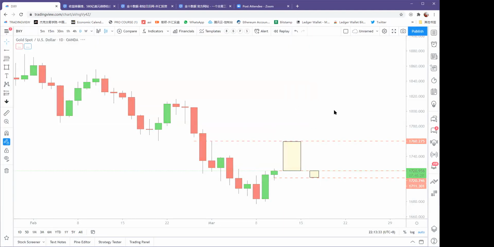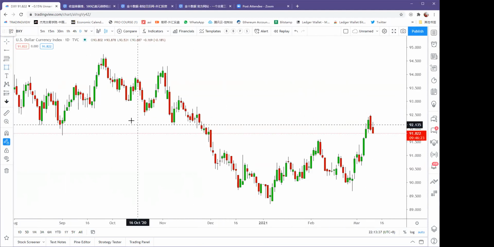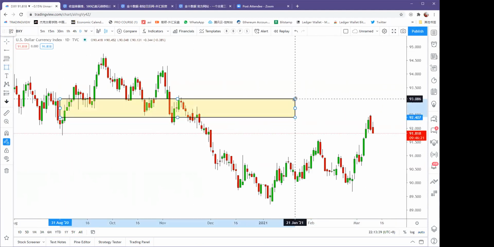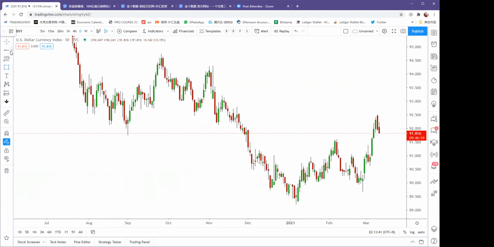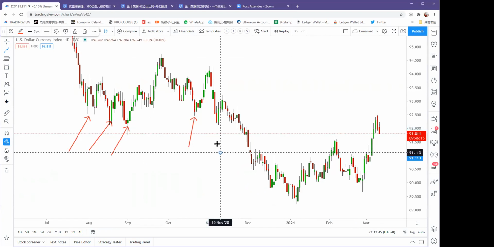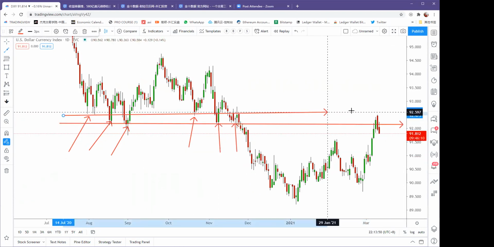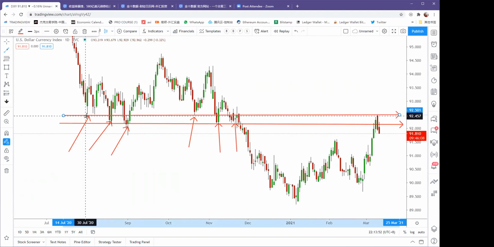Let's check the dollar index. The dollar index has hit the previous important structure, which is 92.50. We can see there are several touches, all of which imply a nice supporting area for the dollar index in the previous year.